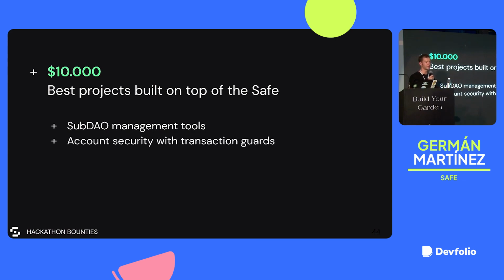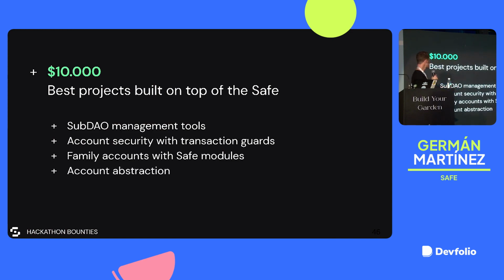Improving the security with transaction guards, anything like the deny list or the allow list, everything you can think of. Also working with modules, thinking, for example, of a family that shares an account and the different people have different kinds of access to the funds, different rights. Also, anything related to account abstraction that you can think of.